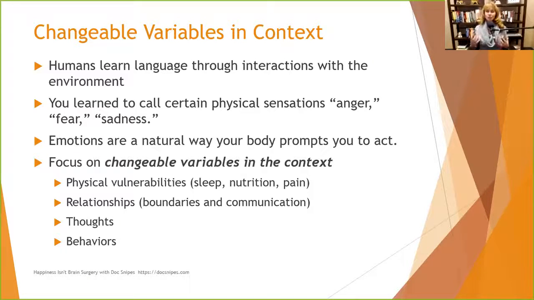But he knew the physical sensations and the nonverbals to put with the feeling that he was feeling. At this point, I don't remember what he was angry about, but he was able to label that. We learn to label our feelings when we're growing up. It doesn't mean they're good or bad. They just are.